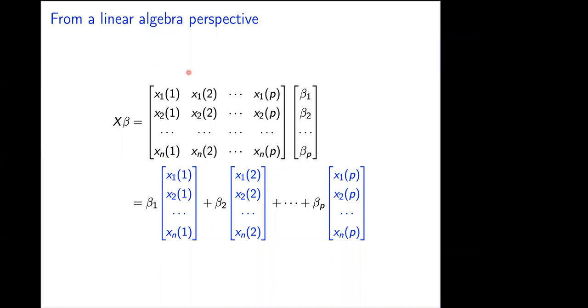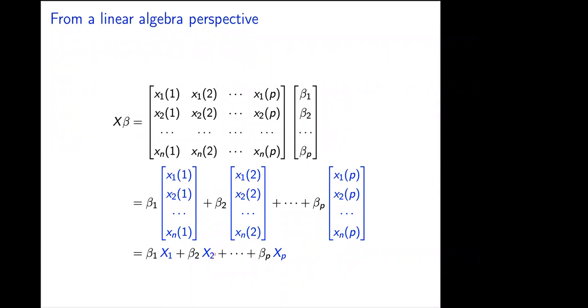Beta 2, you multiply by all of the samples with their second feature, and so on and so forth. Each of these corresponds to a particular feature in the input, in this case, the population variable and the unemployment variable. So it ends up looking like this.